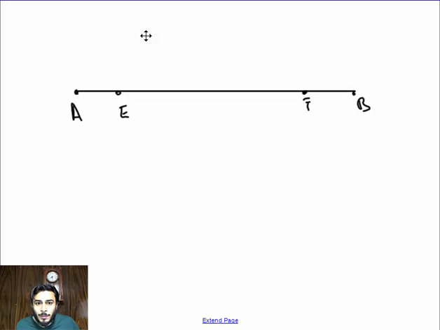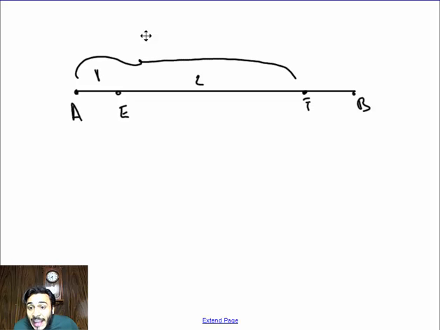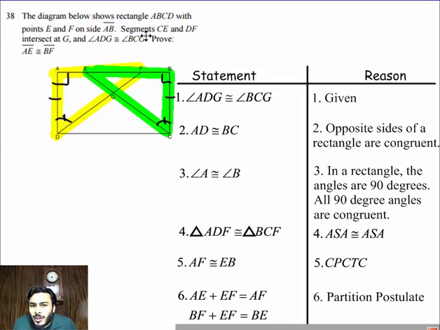I'm saying this segment AE, right? So let's give it a number. Let's say AE measures 1. Let's say EF measures 2, right? What would the whole segment AF measure? Well, it would measure 3, right? You have to add those two parts, right? The part plus the part gives you the whole.